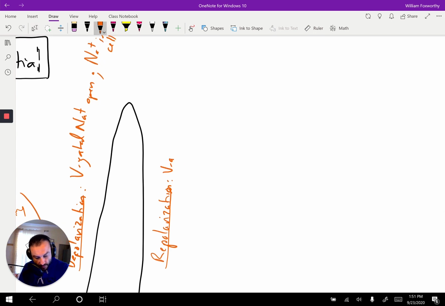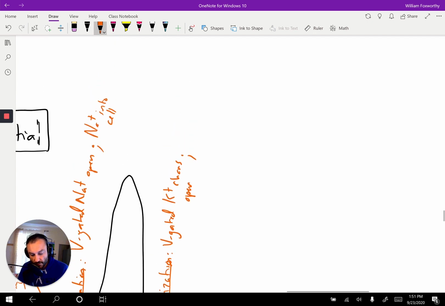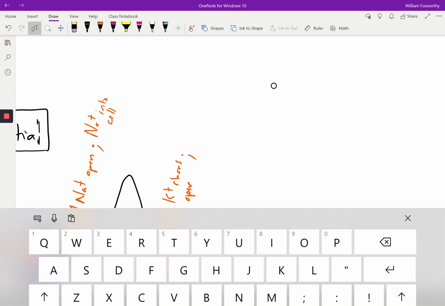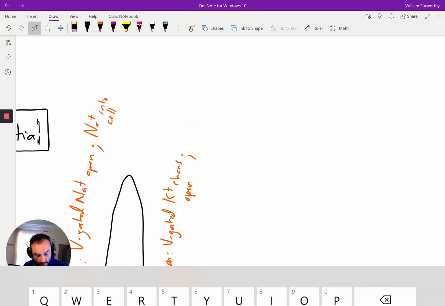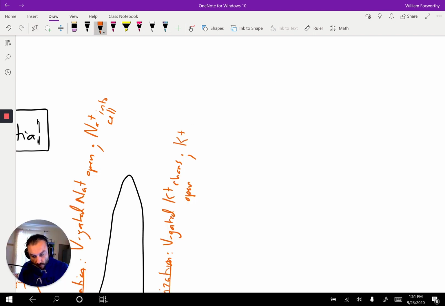Well, as I just said, here you have opening of your voltage-gated potassium channels that were triggered to open at the same time as your voltage-gated sodium channels, but they are just slow to open. So what ion is moving? Well, the only ion that can move through a potassium channel is potassium. So potassium is moving, and it's going to leave your cell.